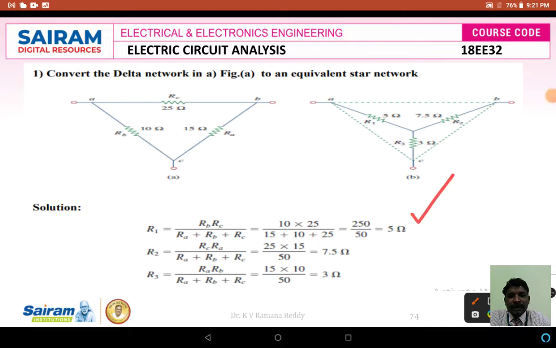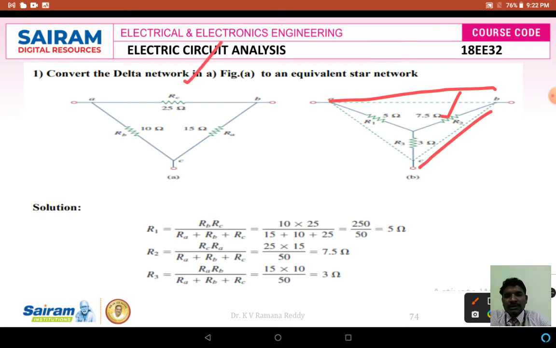Next, I want to find the resistance R2, which is connected to terminal B. What is the value of R2? It is the product of the resistances offered in the delta, that is A to B into B to C. What is the A to B value?